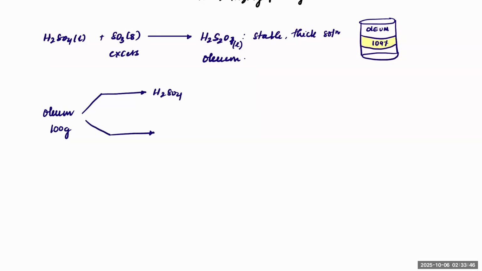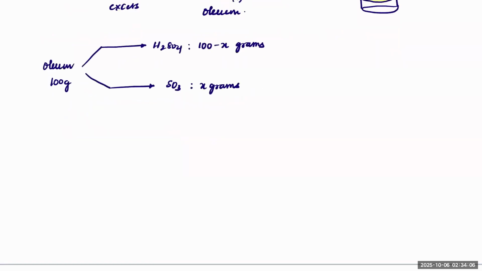There are only two components: one is H2SO4, the other one is SO3. Let us assume the amount of SO3 is x grams. Then how much should be H2SO4? It should be 100 minus x grams.